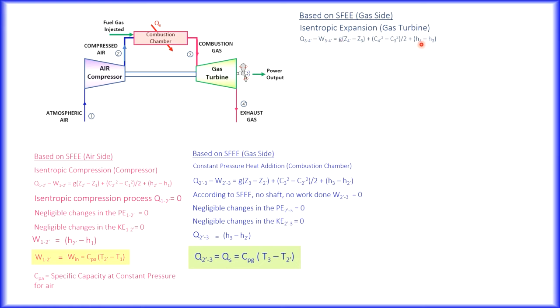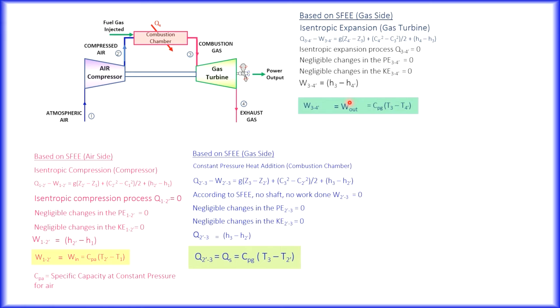Then you will have your work output equal to the change of enthalpy, that is H3 minus H4. So you have this, and remember, this is CPG also. The gas turbine is the gas side also. So the combustor and the gas turbine are usually considered the gas side.